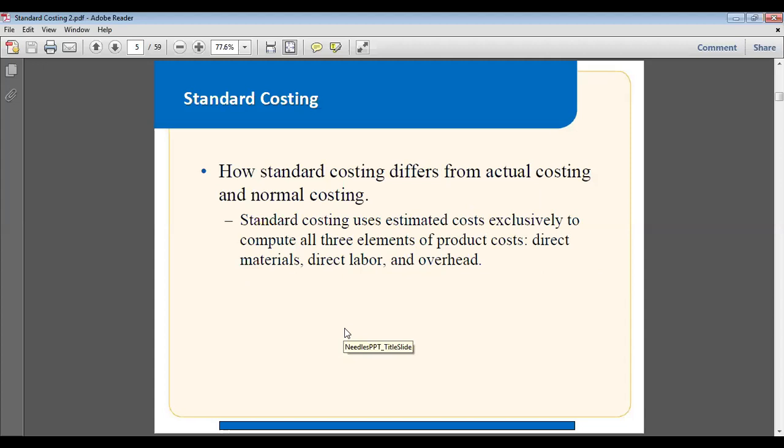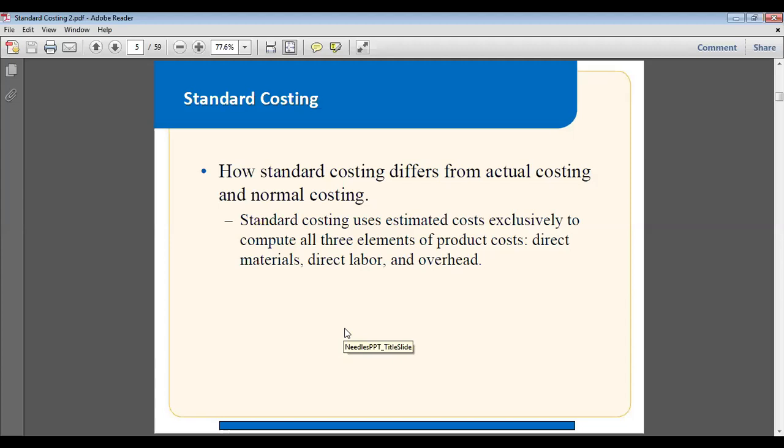Standard costing uses estimated costs exclusively to compute all three elements of product cost: direct material cost, direct labor, and overhead. That means standard costs are basically taken from the three direct factors that are involved. One is direct material, the actual material consumed for making a job.